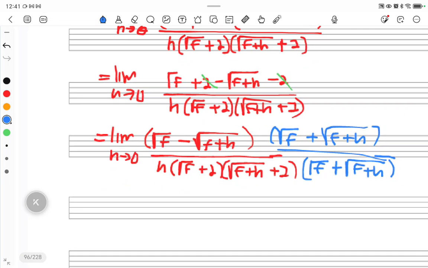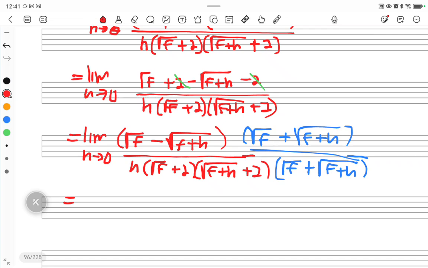And then here we would have the limit as h approaches 0. F by f would get f minus f plus h. So this by this, negative by positive, and this root by this root, as usual, how we compute the rationalization.